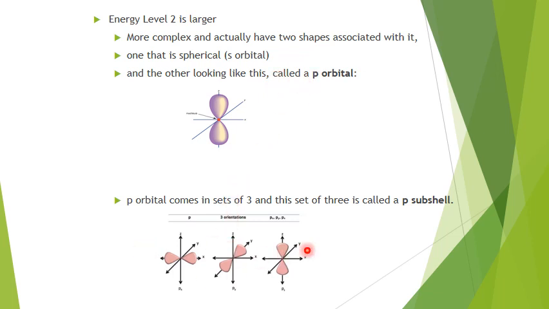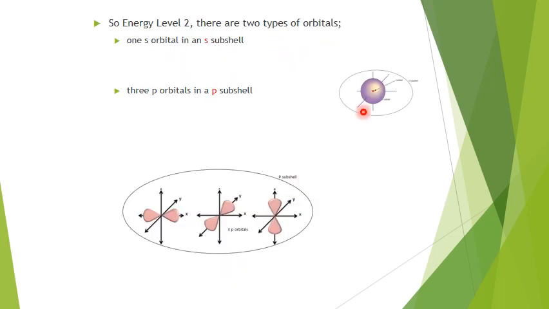The p orbitals actually come in sets of 3. The set is called a subshell, and we'll see how this all comes together in a minute. But whenever you have a p orbital, it'll always be with 2 others. So energy level 2 will have an s orbital, a sphere, and 3 p's. 1, 2, 3, 4.